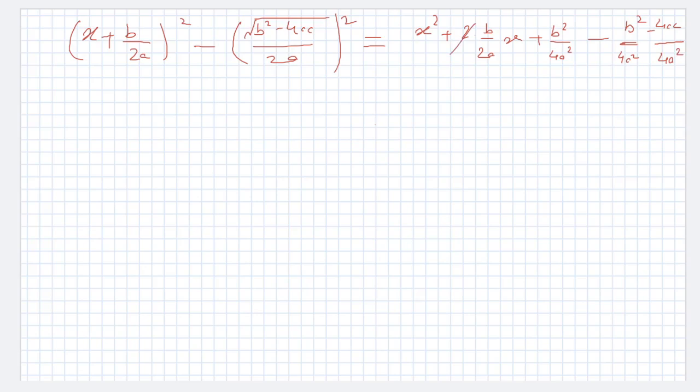So let's cancel the terms which can be cancelled. B square over 4a square is cancelled with minus b square over 4a square, and over here we can cancel 4 by 4 and a with a square.